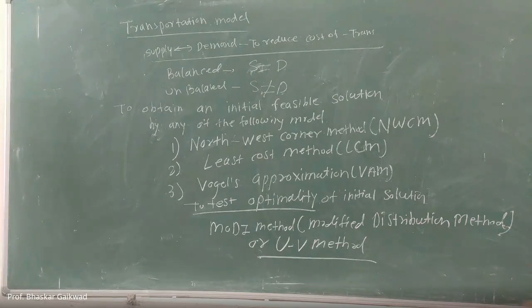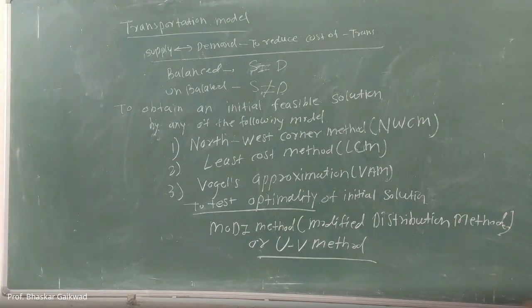This is the simplest method. The second method is the least cost method, and the third is Vogel's approximation method, VAM. To test the optimality of the initial solution, we have the MODI method, or UV method.